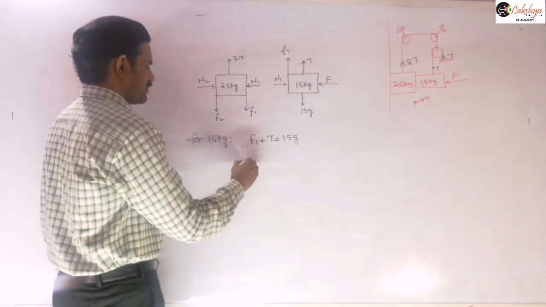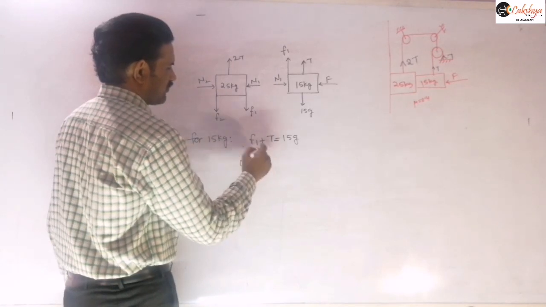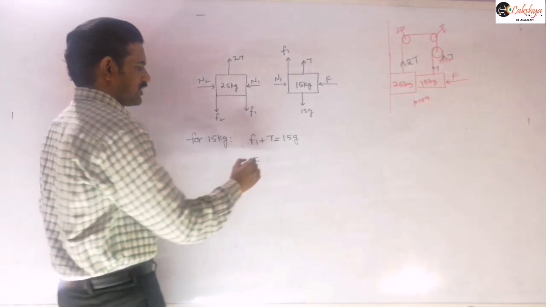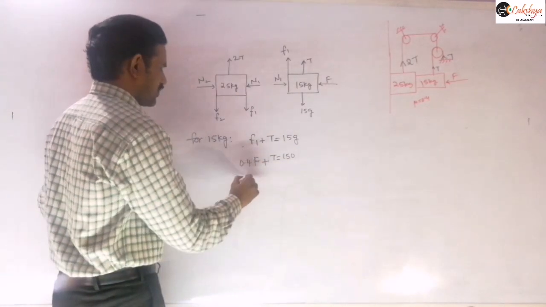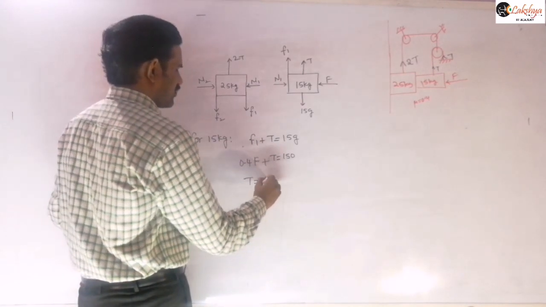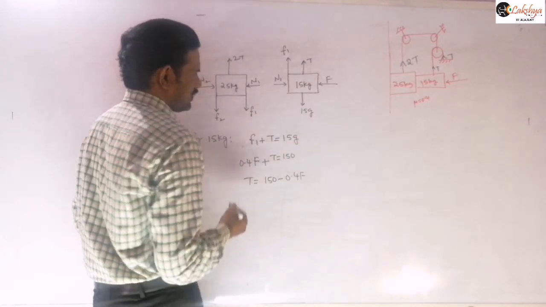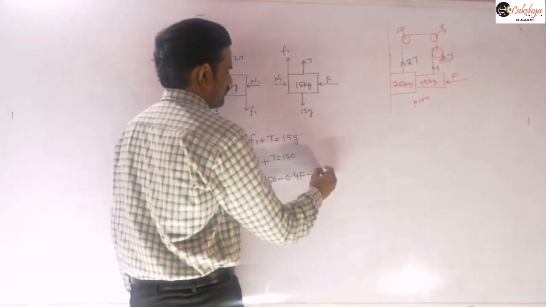F1 is nothing but mu N, where mu is 0.4 and N is nothing but F only, so 0.4 F, plus T is equal to 150. From this, T is equal to 150 minus 0.4 F. Let's suppose this is our equation 1.